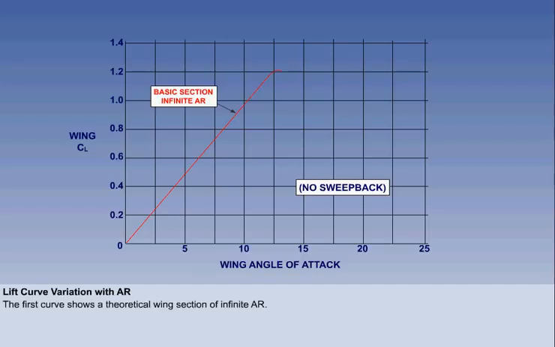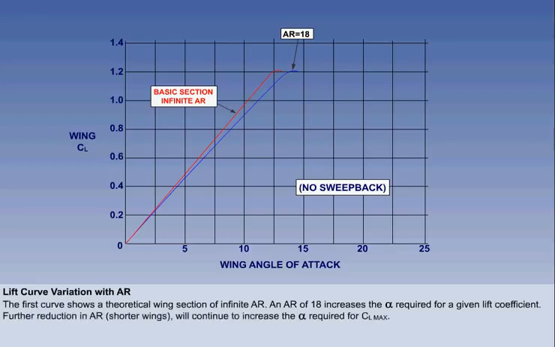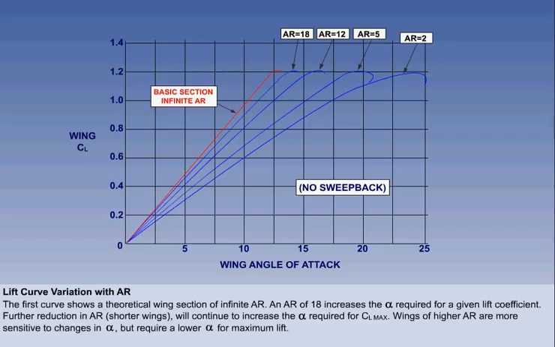But if the wing is given an AR of 18, it can be seen that reduction in AR increases the angle of attack necessary to produce a given lift coefficient. Further reduction in AR, shorter wings, will continue to increase the angle of attack required for CL max. Higher aspect ratio wings are more sensitive to changes in angle of attack, but require a smaller angle of attack for maximum lift.